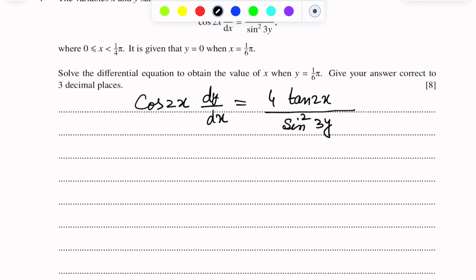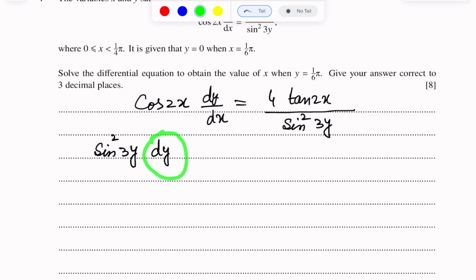Sine square 3y, by cross multiplying, moves to the left side, sine square 3y with respect to y.